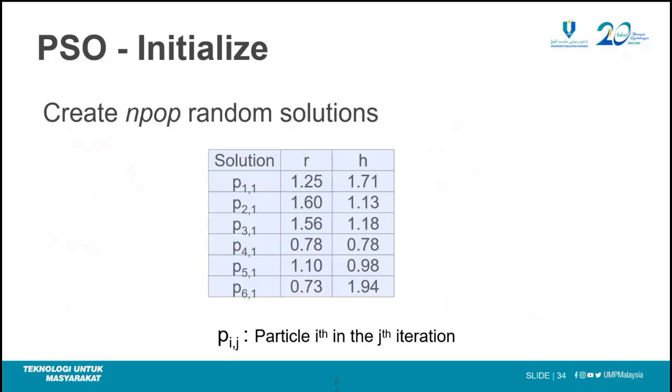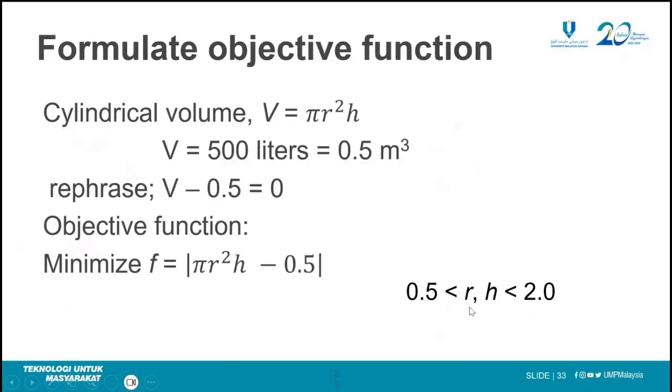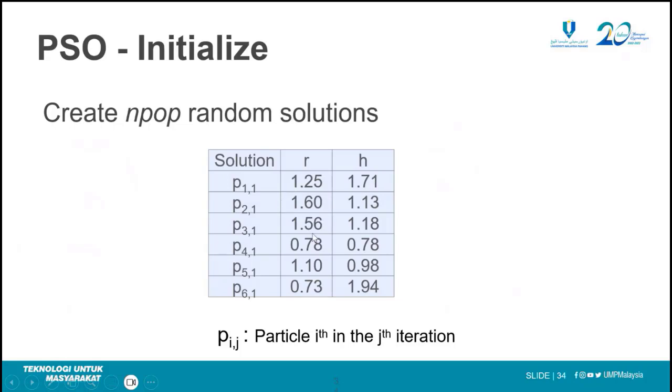But just for the example to show how the algorithm works, I only set six initial solutions, so npop, the number of population, equals 6. The algorithm will create a random value between 0.5 and 2.0 for R and H. So these are the values, generated randomly within the given bound. This is the initialization stage.